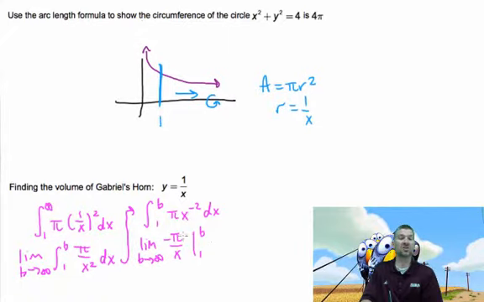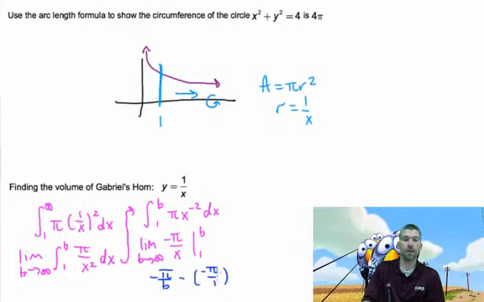Okay? Stop minus start in this situation. So we're stopping at b. All right? So negative pi over b minus negative pi over 1. And as b goes to infinity, the pi never changes, and this guy goes to 0.